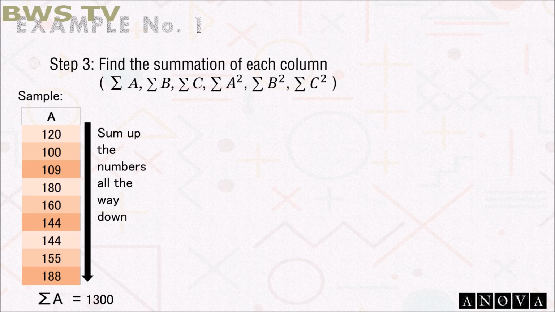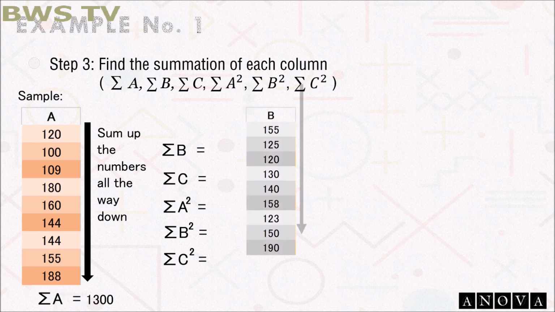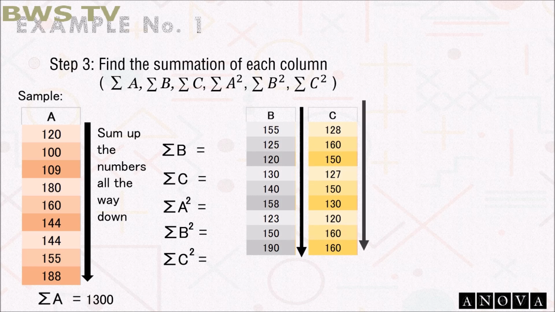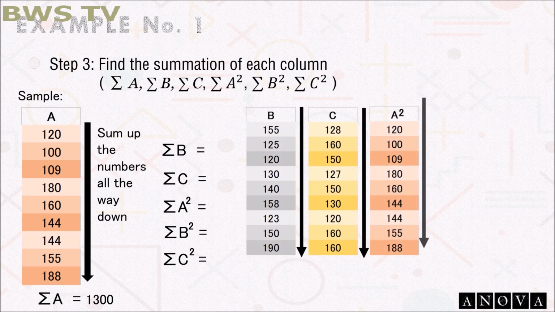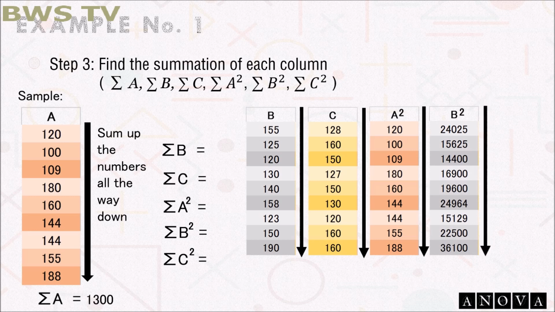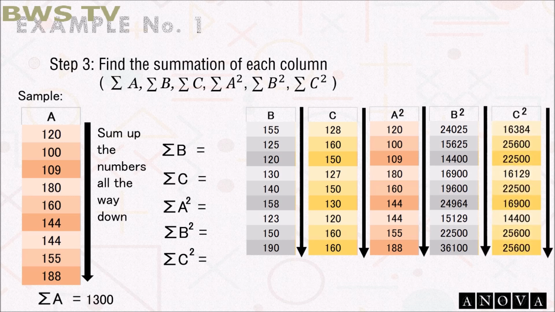The same will be done for the summation of B, summation of C, summation of A squared, summation of B squared, and summation of C squared. Once you're done, you'll get these answers. Summation of B, 1,291. Summation of C, 1,285.